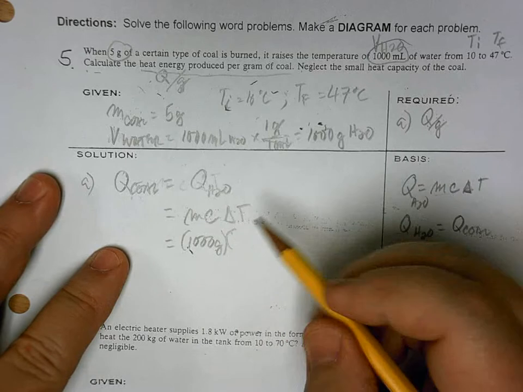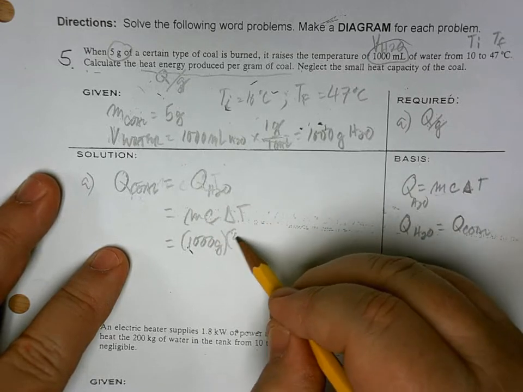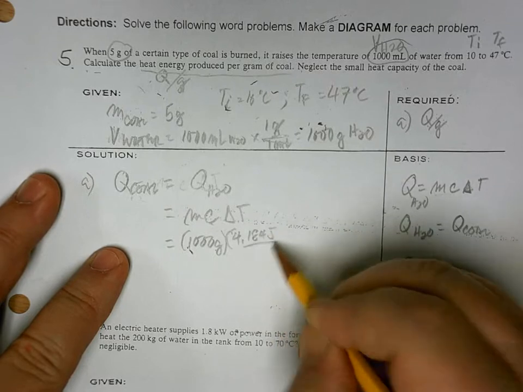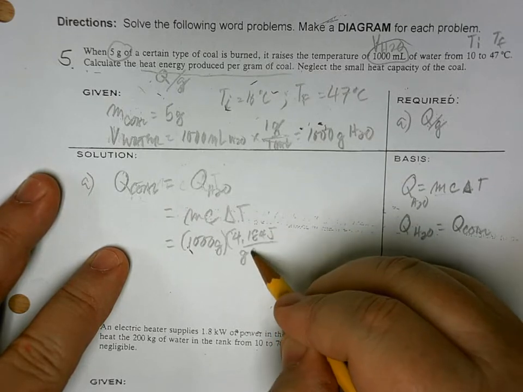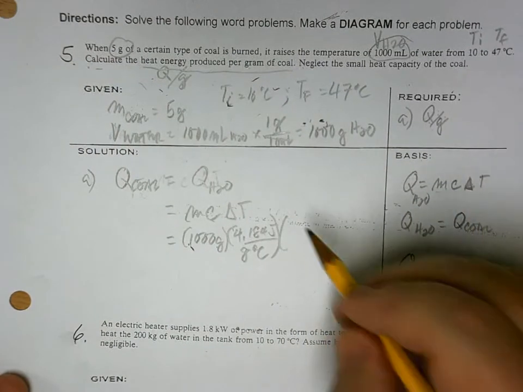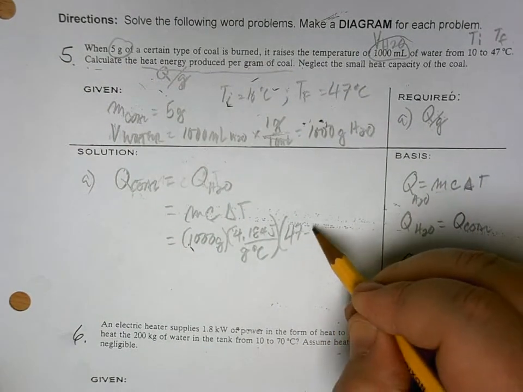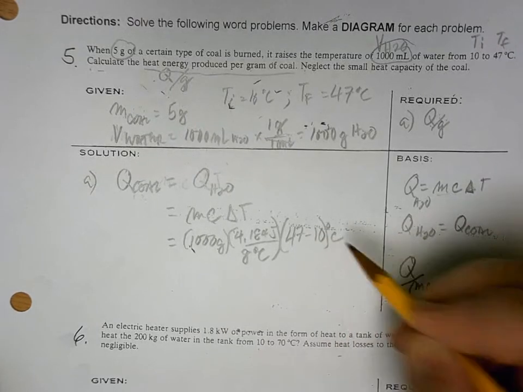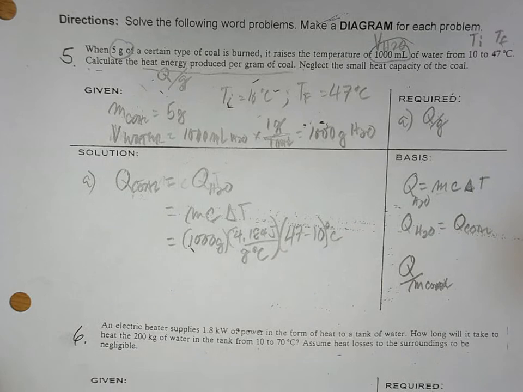Now here the C, use joules, 4.184 joules per gram per degree centigrade. Okay, and what is the delta T? That's rather easy, 47 minus 10 degrees centigrade.